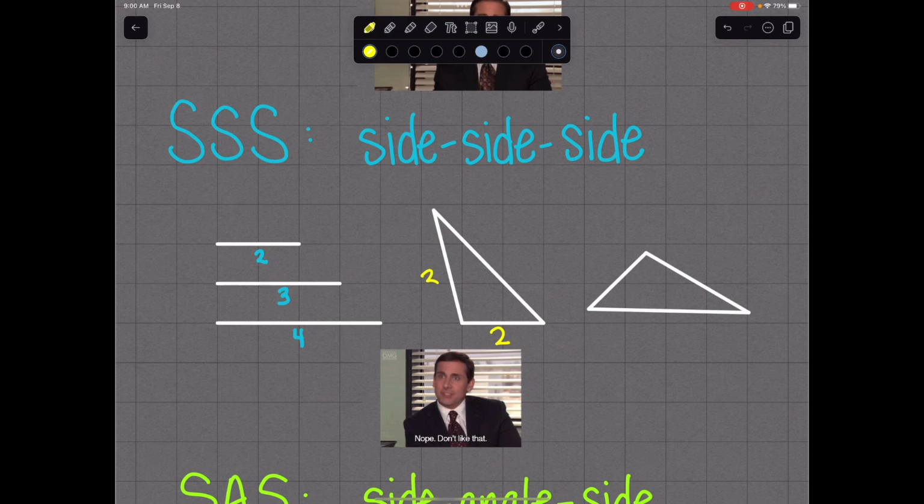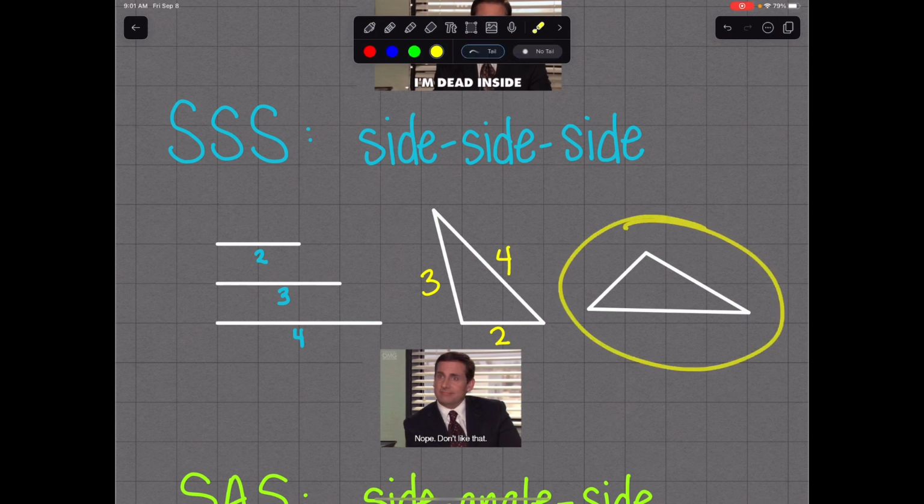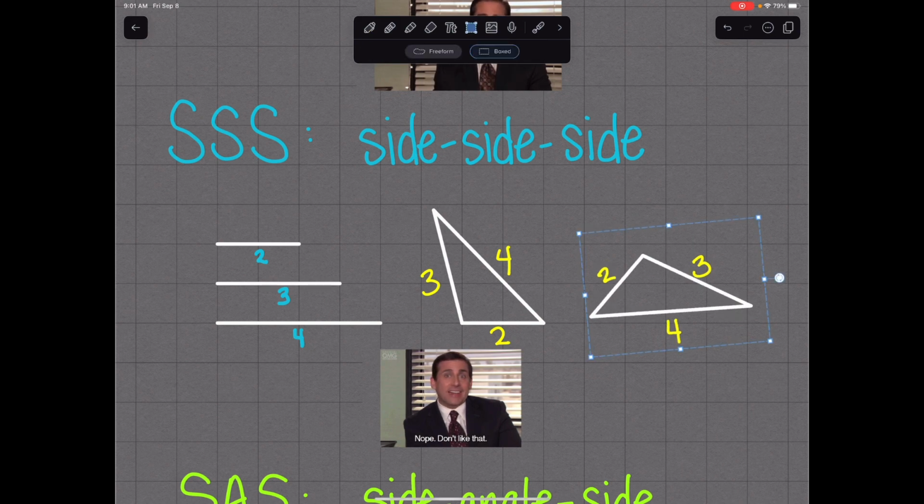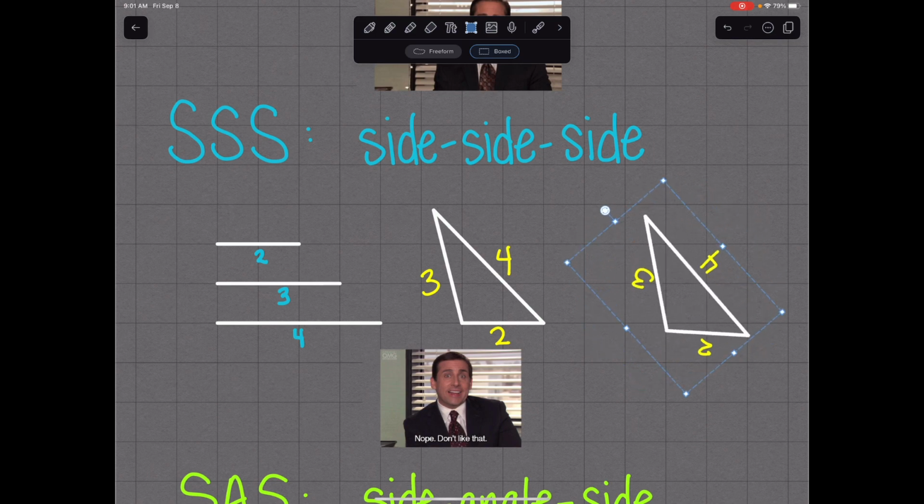And then we put the 3 here, and then we put the 4 here. In this figure over here, we also made a triangle out of these sides, but we put 4 as the base. And then this one's going to be 2, and this one's going to be 3. If you mentally slide over and rotate this triangle, it will cover this one exactly.